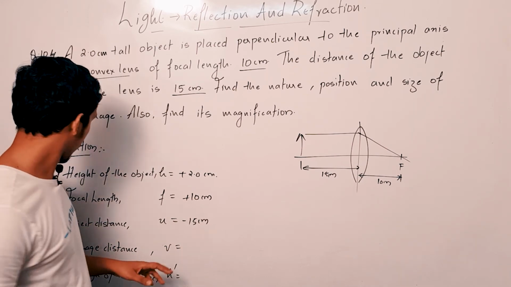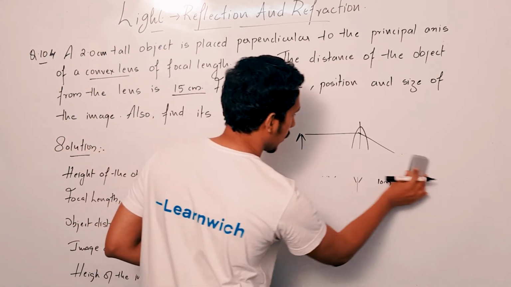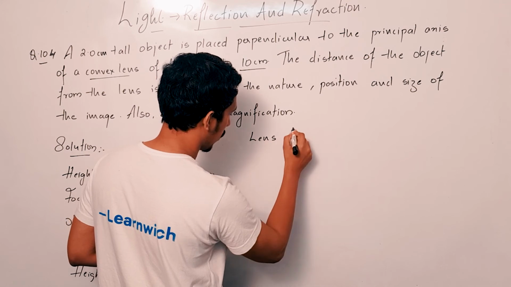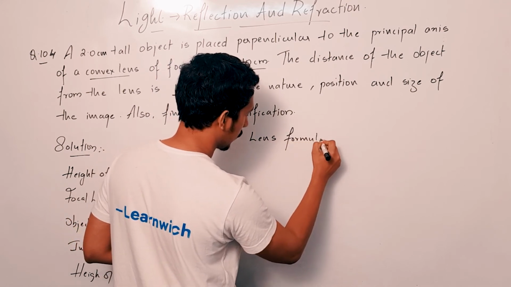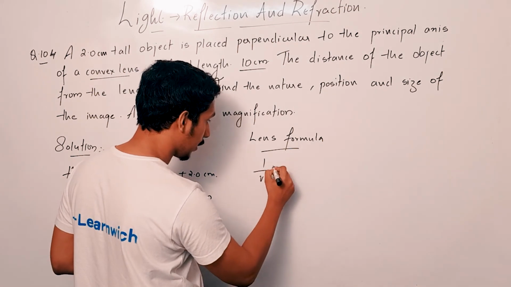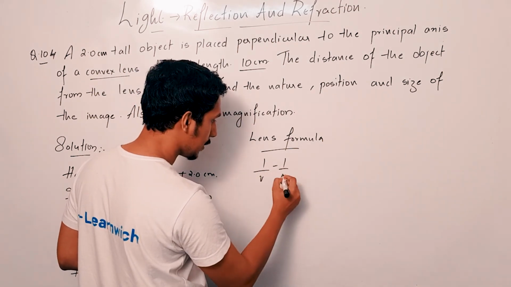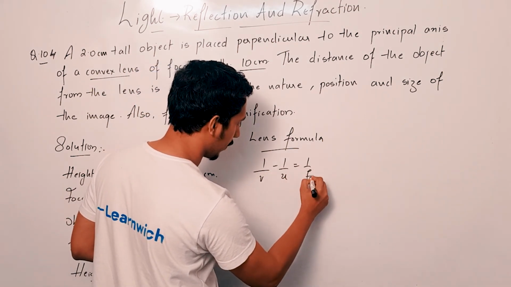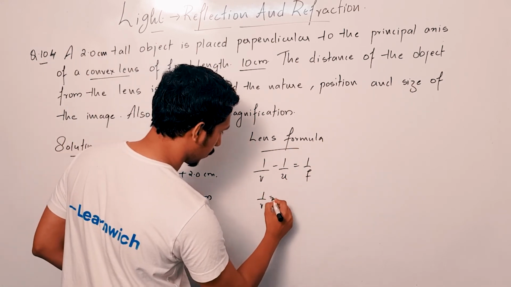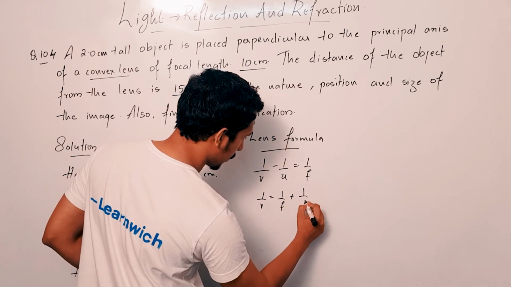Let's apply the lens formula. 1 by v minus 1 by u equals 1 by f. 1 by v is what I have to find out, so 1 by v is equal to 1 by f plus 1 by u.